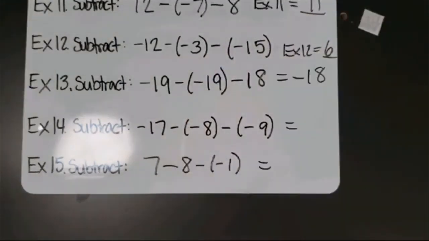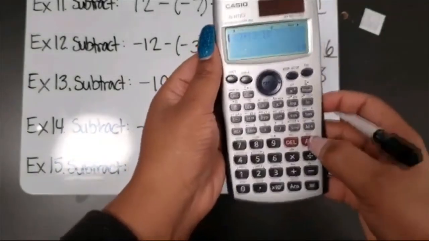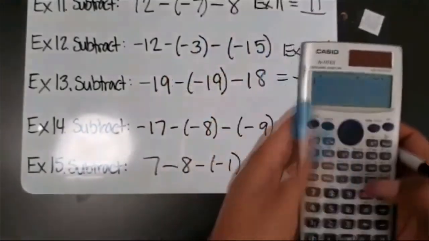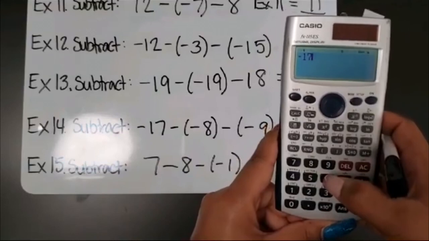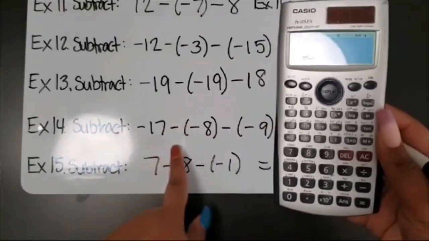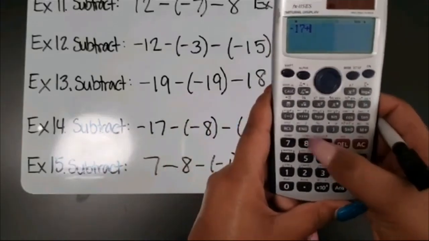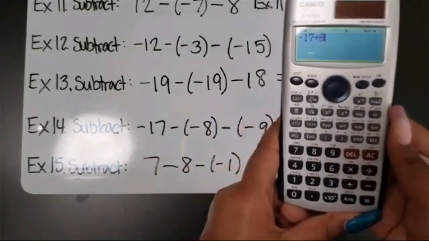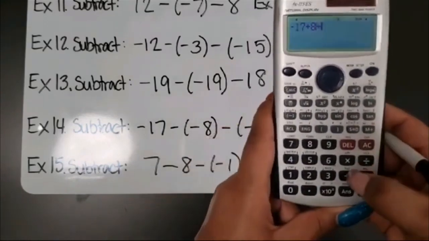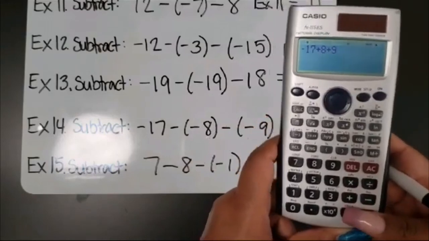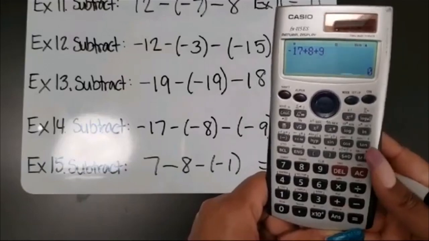All right, let's look at the next one. Let's clear this out. We have negative 17. Then we're subtracting a negative, so we can do plus 8. Plus 8. Then we are subtracting another negative, so we can do plus 9. All right. And we get 0.